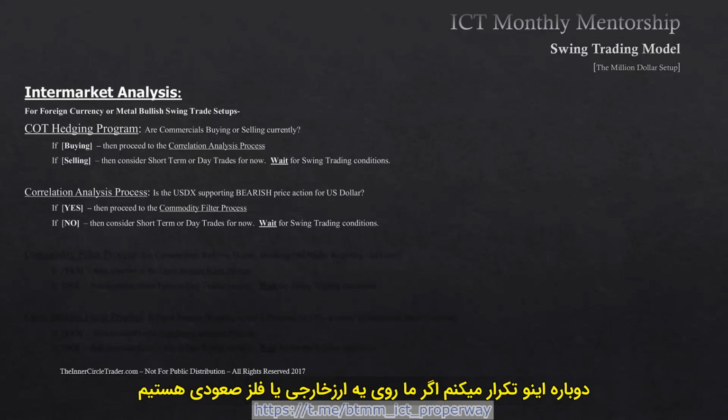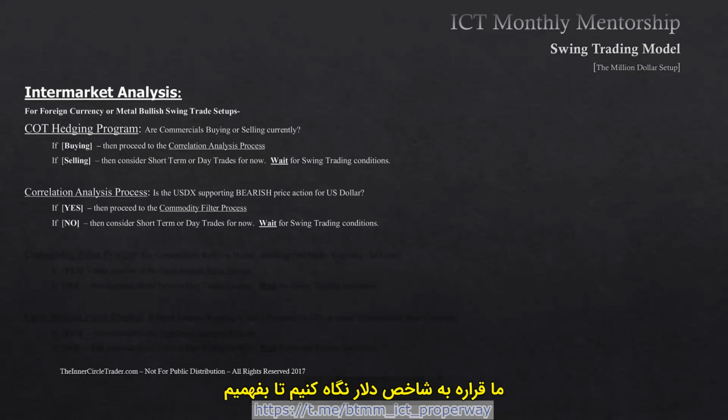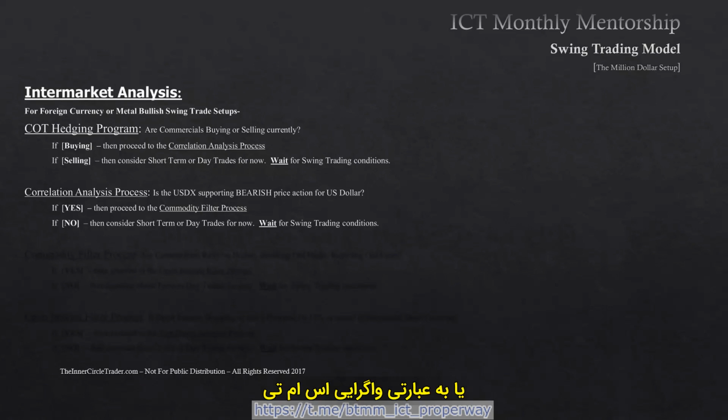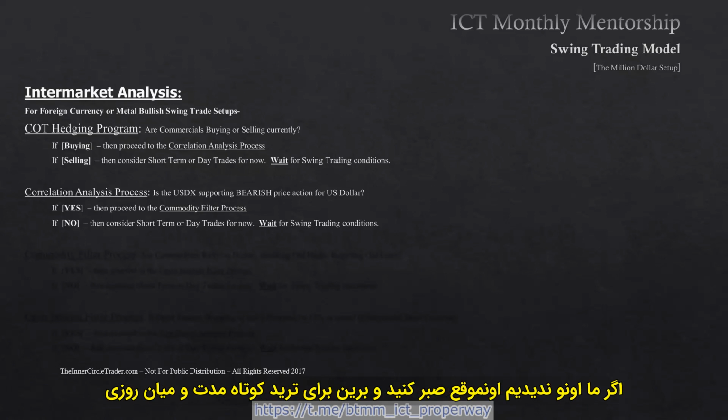Reiterating this, if we're bullish on foreign currencies or a metal, we're going to be looking for the dollar index to be looking to trade lower, or it's indicating bearish prices are in order. In other words, it's SMT divergence against the metal or the foreign currency. If we can see that, then we can proceed to the commodity filter process. If we do not get that, we wait, or day trade or short-term trade.